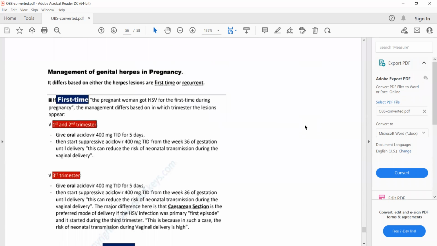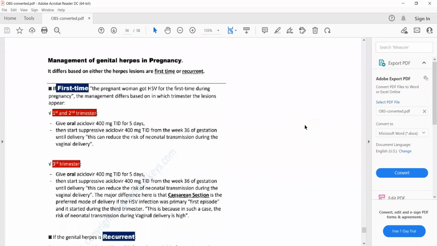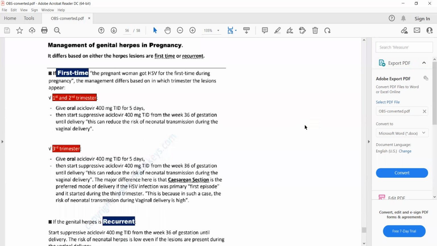Now the last topic, management of genital herpes in pregnancy. We discussed the management of chickenpox in pregnancy. Now management of genital herpes in pregnancy.